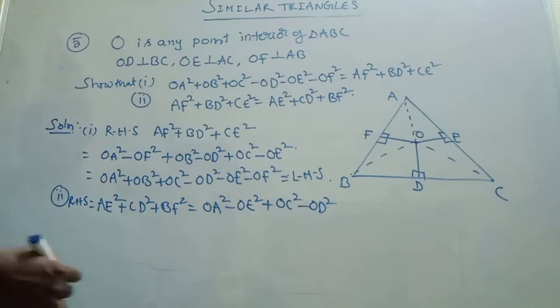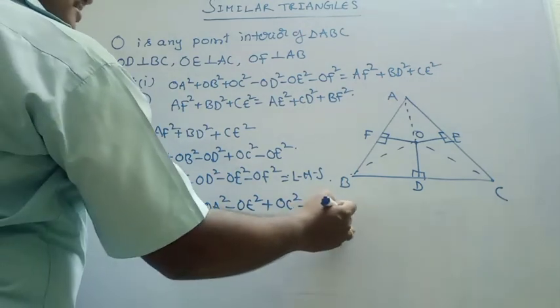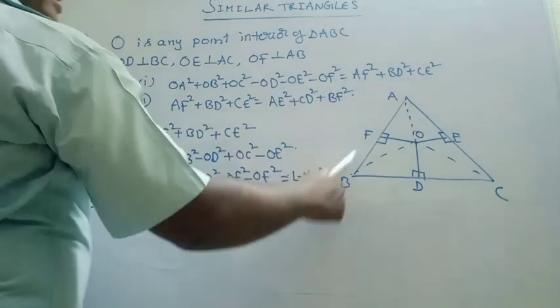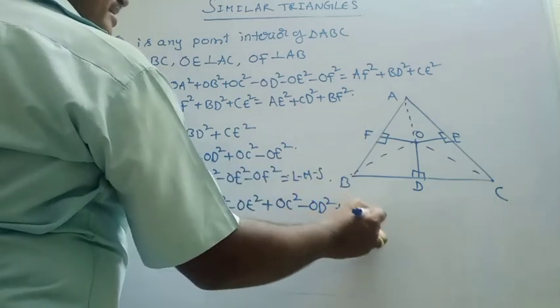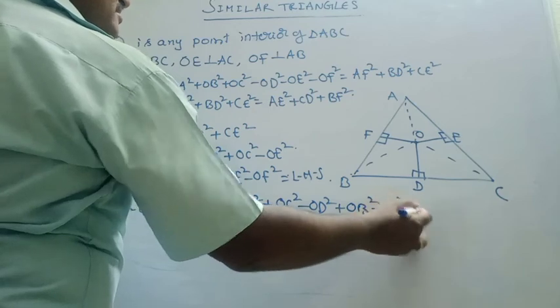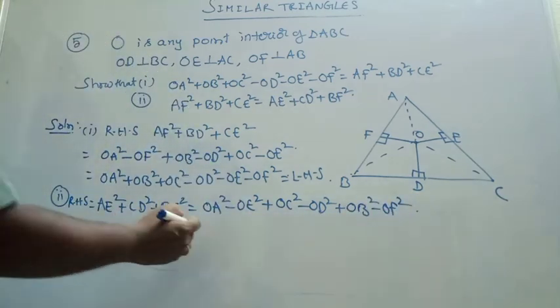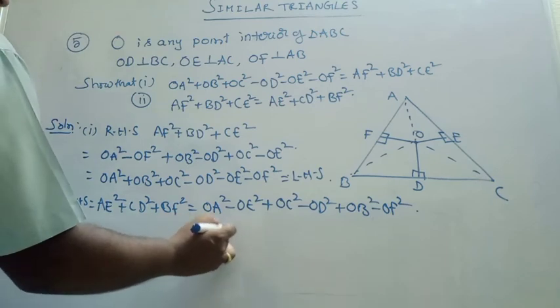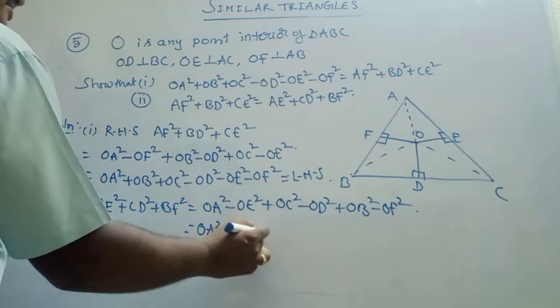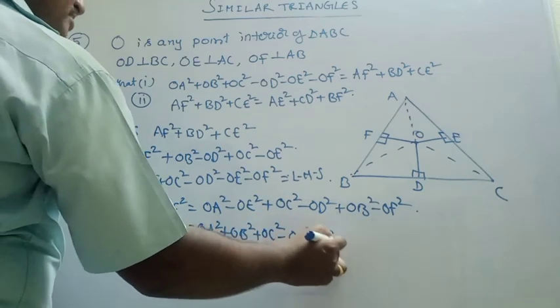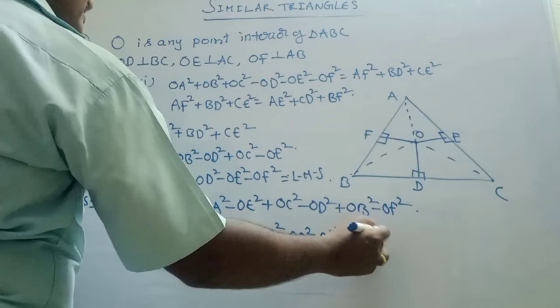Next, BF square. Here BF square is nothing but OB square minus OF square, right? Wonderful. This is nothing but OA square plus OB square plus OC square minus OD square minus OE square minus OF square, right?